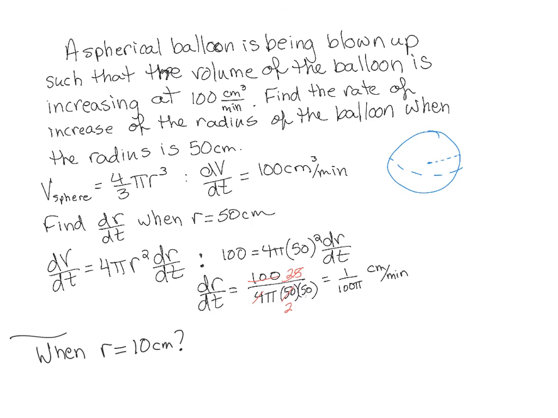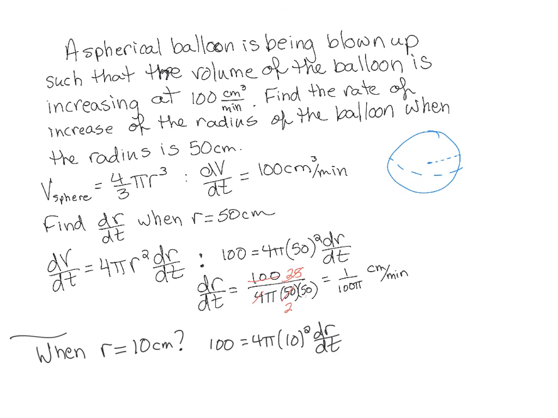So then we've got the same derivative. dV/dt is 100, 4 pi radius squared dr/dt. I'm just plugging that into this derivative right here, only the r is a 10 now.